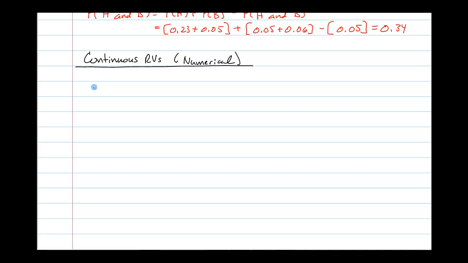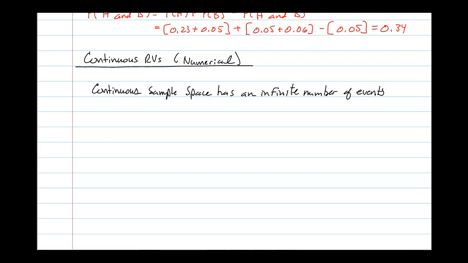So a continuous sample space has an infinite number of events. And we don't want to write out an infinite number of events. In fact, I don't think we can write out an infinite number of events along with their corresponding probability.